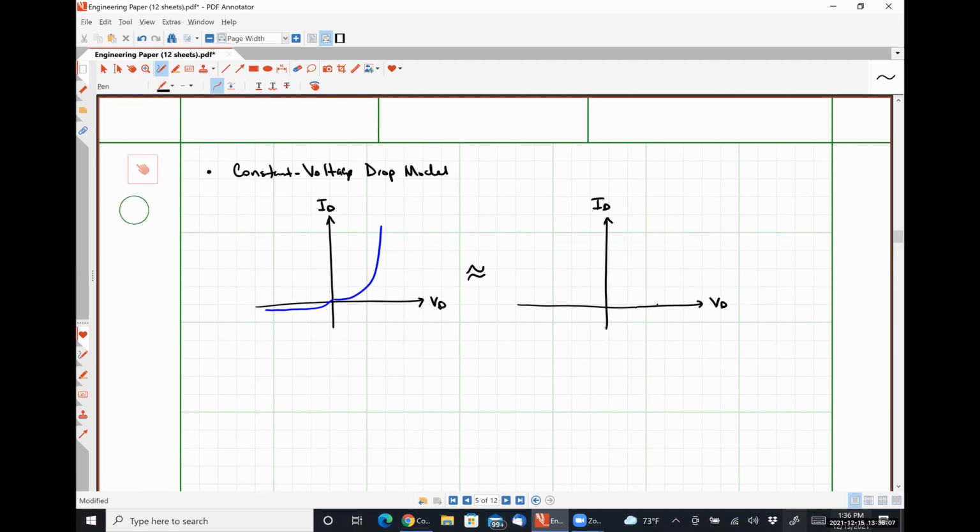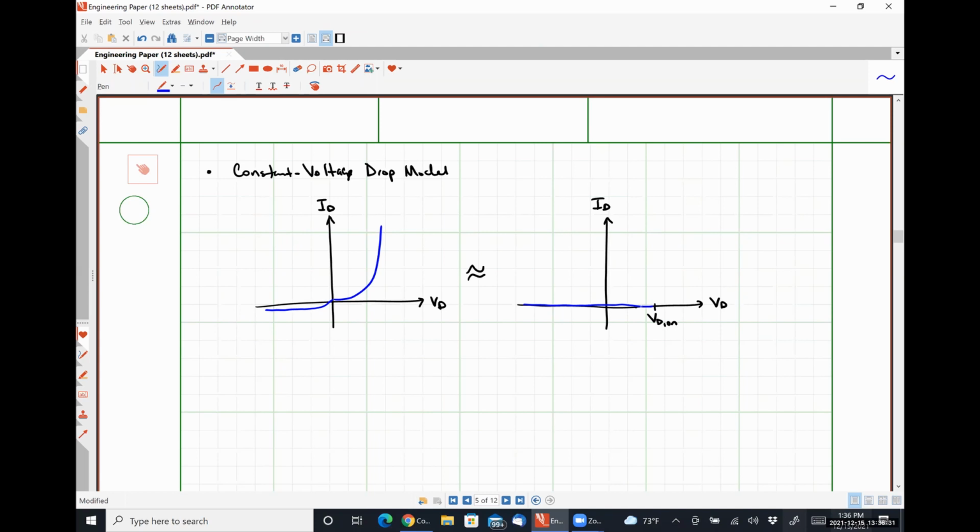So for our constant voltage drop model, we are going to have some voltage VD on that is called the turn on or cut in voltage for our diode. And effectively all that means is we need to be at this voltage for it to start conducting. Okay. And so our model is going to look like this.